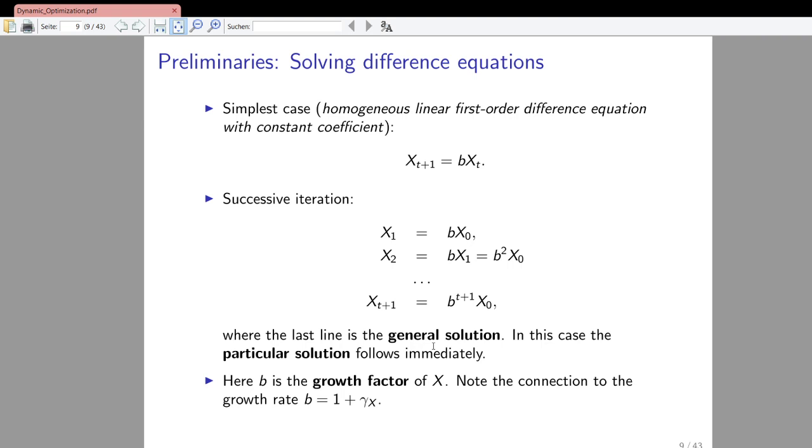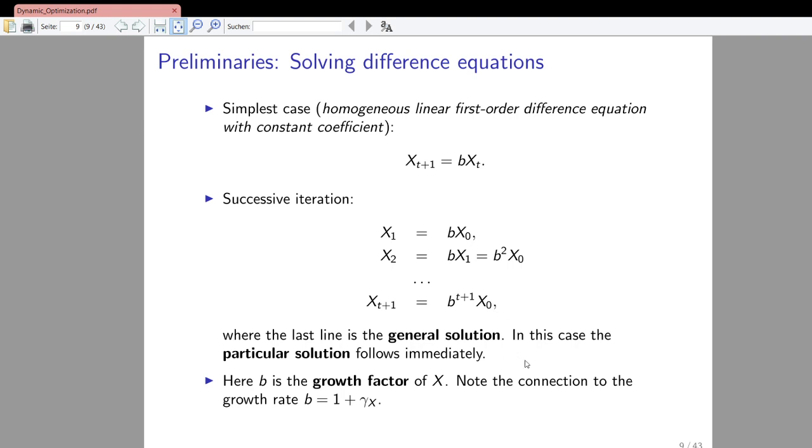with constant coefficient. And again, there are infinitely many general solutions, because we did not yet pin down the initial condition. But again, we can use such an initial condition, and the particular solution follows immediately here. So whatever value we attach to x sub 0, then we would have x sub t plus 1 is b to the power of t plus 1 times the particular value that we attach to x0.